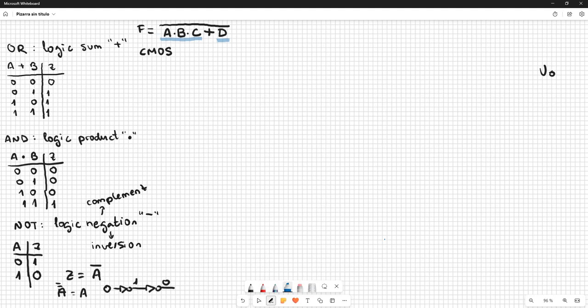Why 4 transistors? Because if you remember, we have the inputs connected to the gate of one transistor. So we are going to proceed. A, B, and C are multiplied. So if we want to implement logic multiplication, we have to connect these 3 transistors in series. So we are going to draw 3 transistors in series.